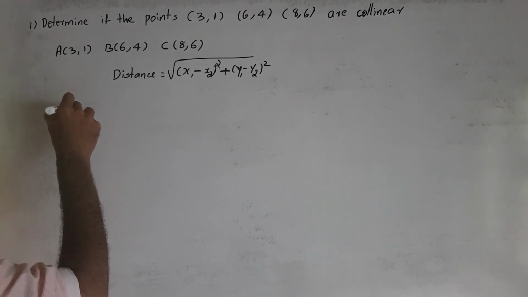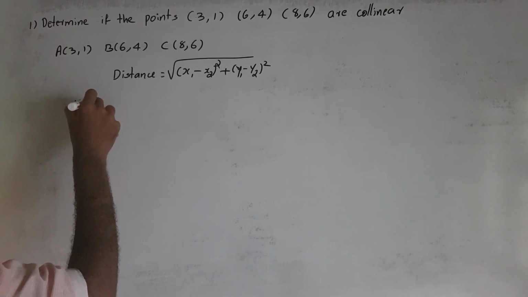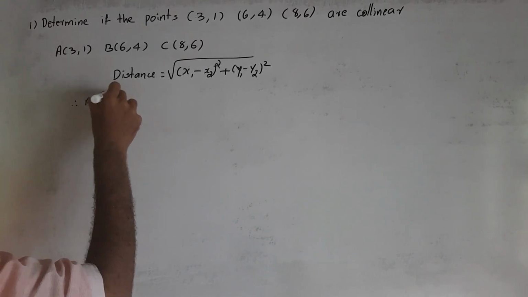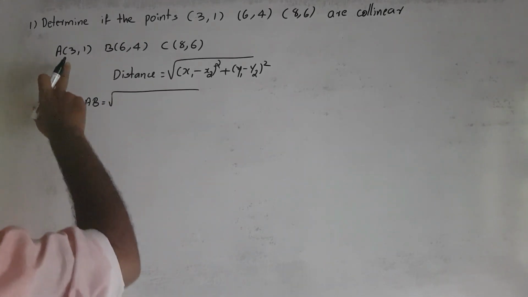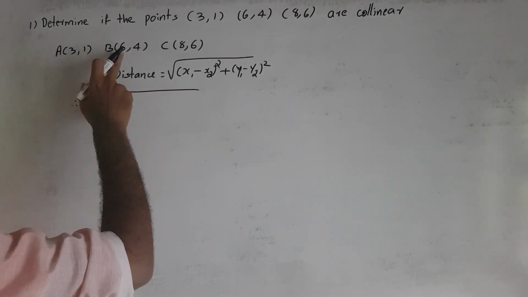First, AB is equal to the root of, then for AB, what is (x1, y1)? (x1, y1) is (3, 1), and (x2, y2) is (6, 4).